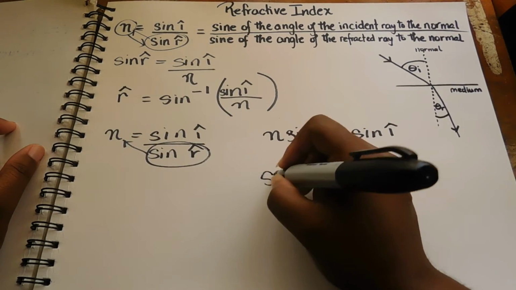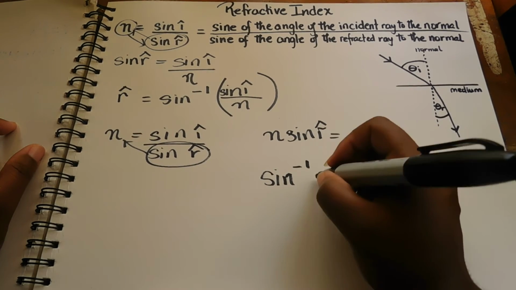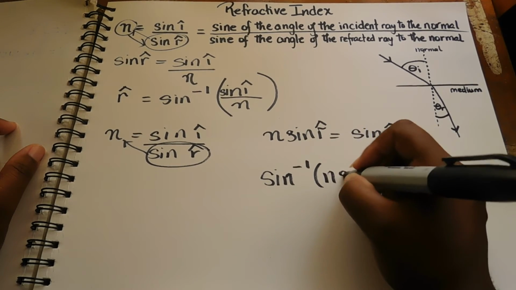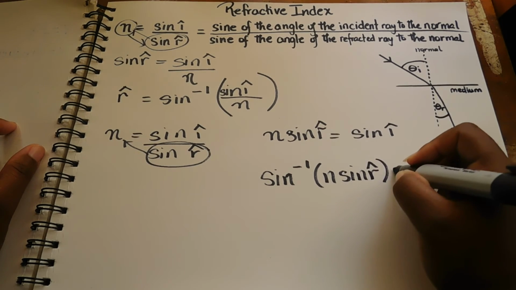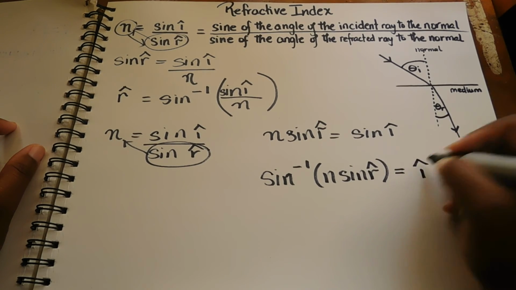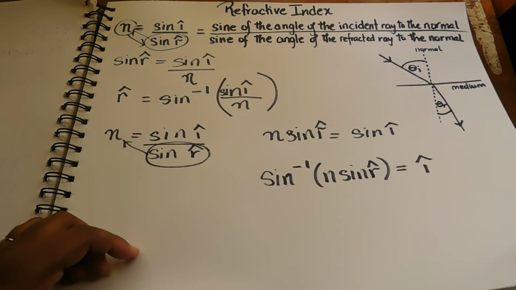So you would have sine -1 of n sine R equals the angle I. I know you're probably saying, what? That's how it's done.